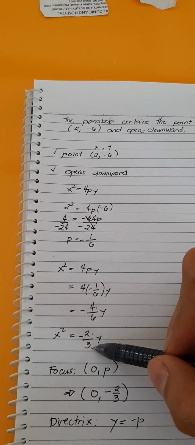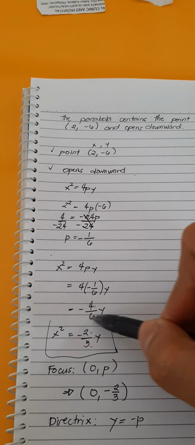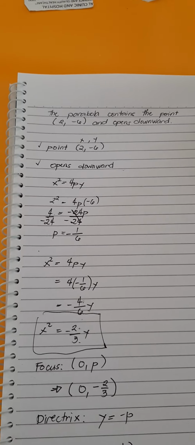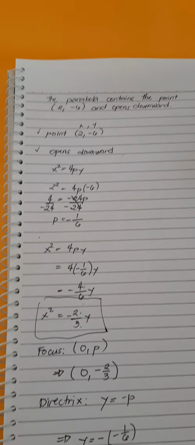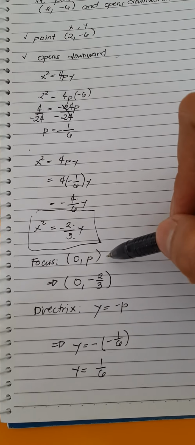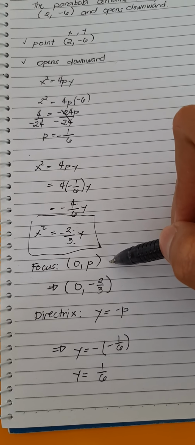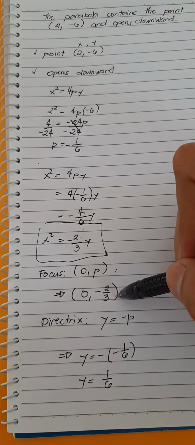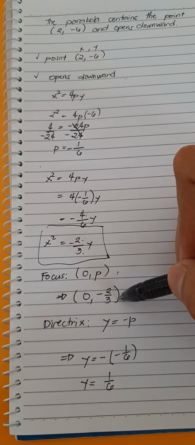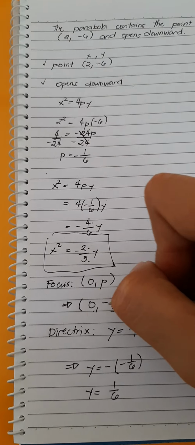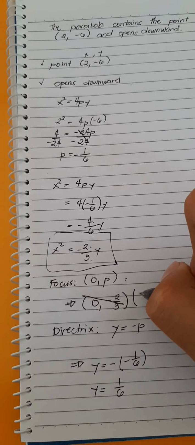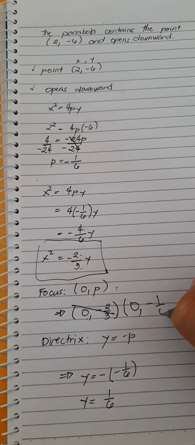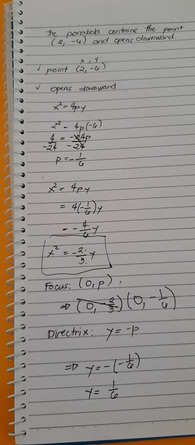So the simplified form of our equation is x squared equals negative 2 over 3 y. Next, the format of the focus is 0, comma p. So we will just substitute the value of p. So we have 0, comma negative 2 over 3. No, it's wrong. It should be 0, comma, the value of p, which is negative 1 over 6.